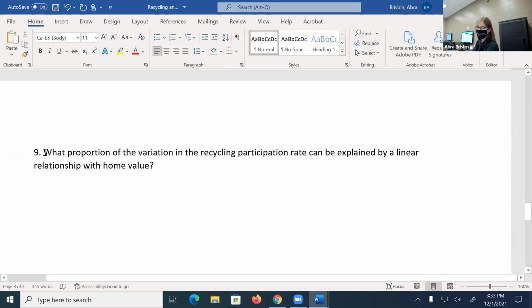And finally, what proportion of the variation in the recycling participation rate can be explained by a linear relationship with home value?